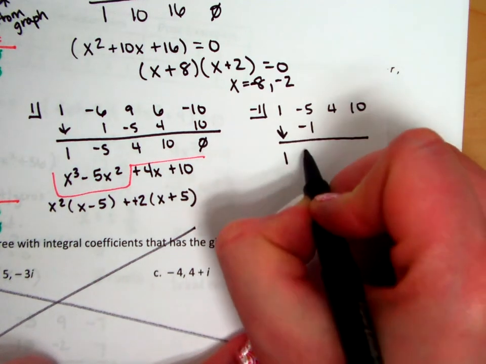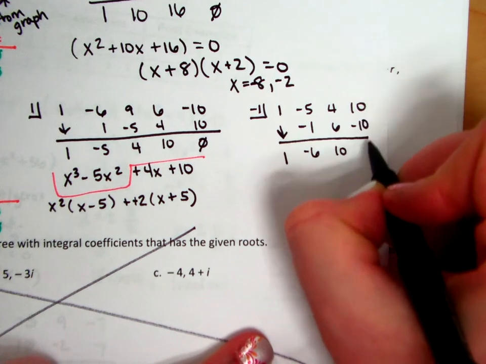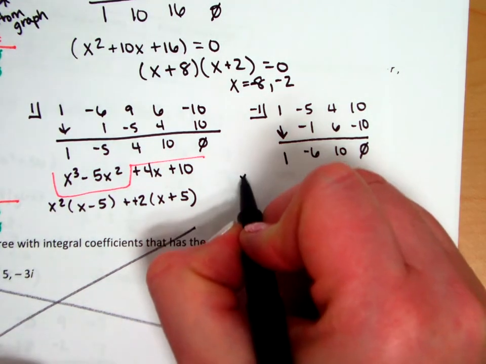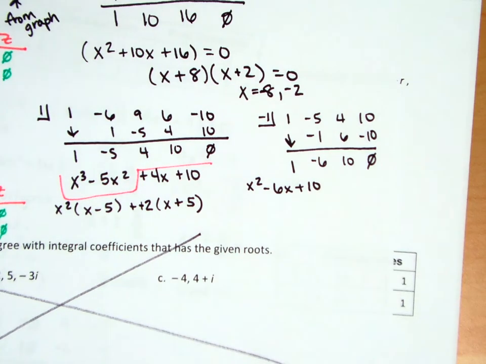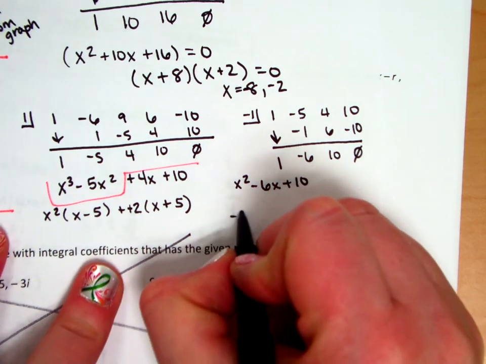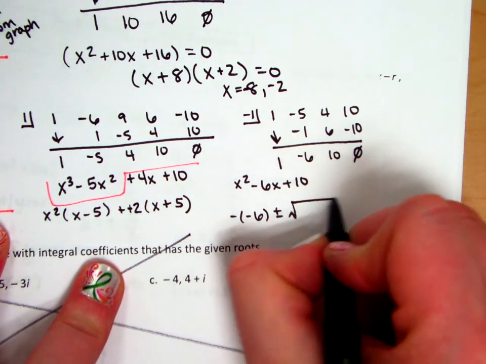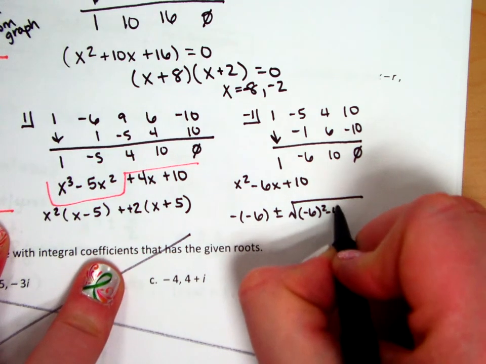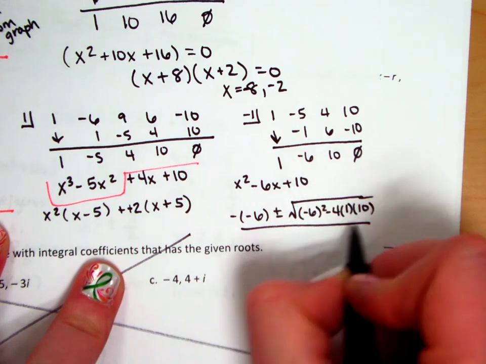-1, -6, 6, 10, -10, 0. Alright, so now we're here at this. So we got x squared minus 6x plus 10. There are no factors of 10 that add up to be -6, so we can do the quadratic formula. So negative times a -6 plus or minus the square root of -6 squared minus 4 times 1 times 10, all divisible by 2.